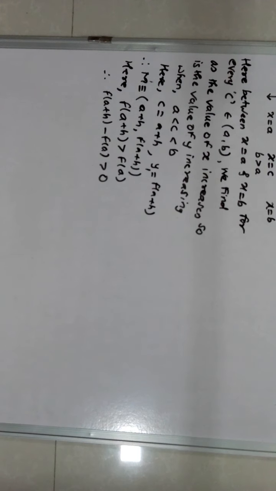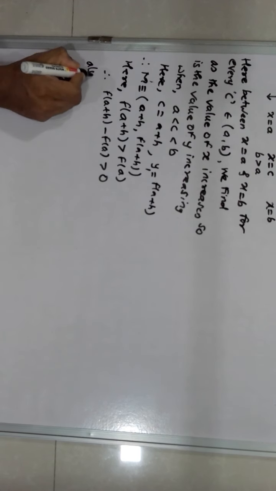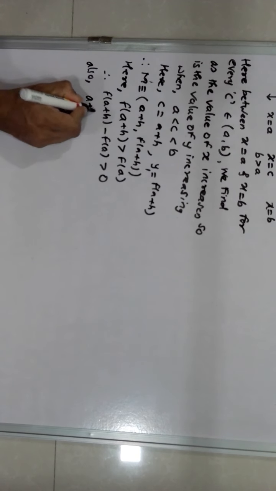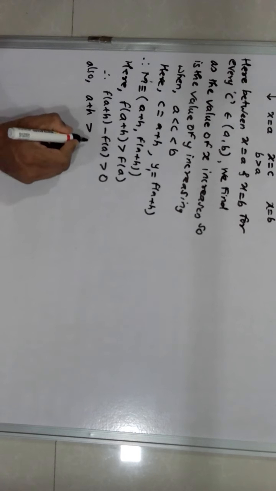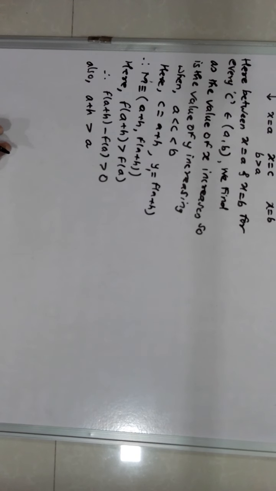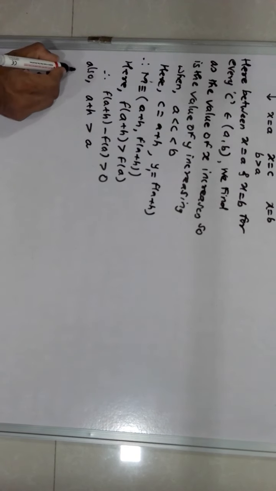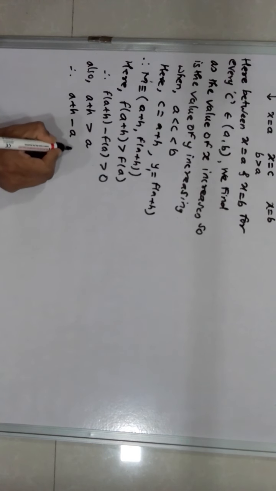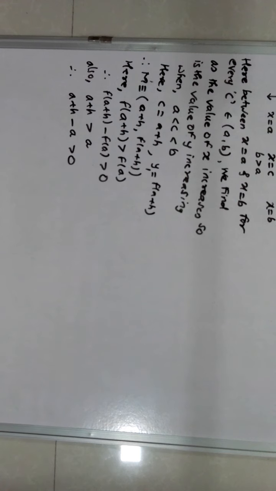Now at that same time I can see here that a plus h, which is the x coordinate, is greater than a. So obviously a plus h minus a is greater than 0. Agreed.